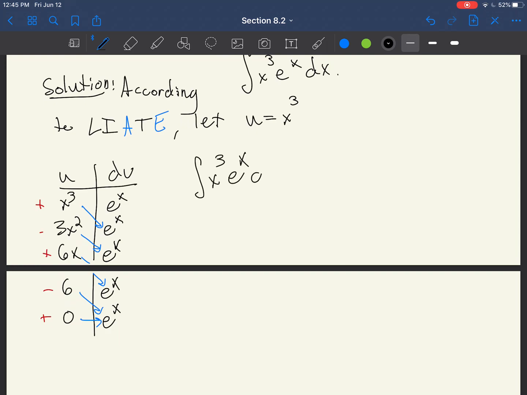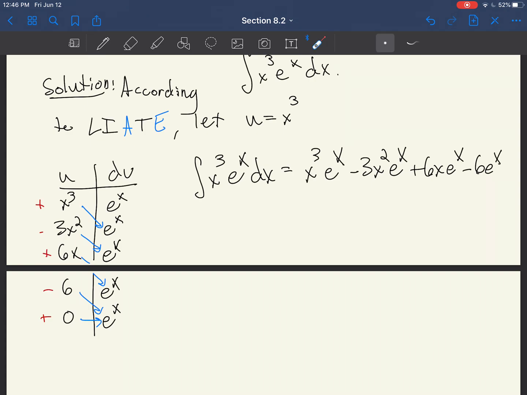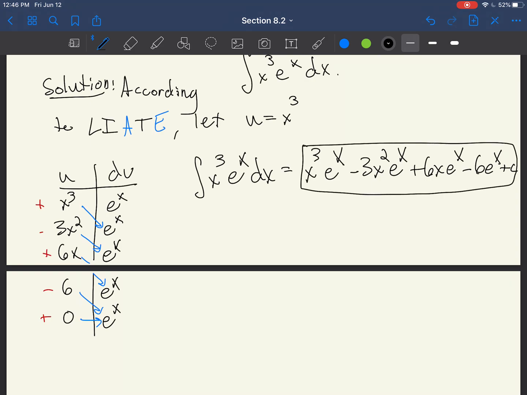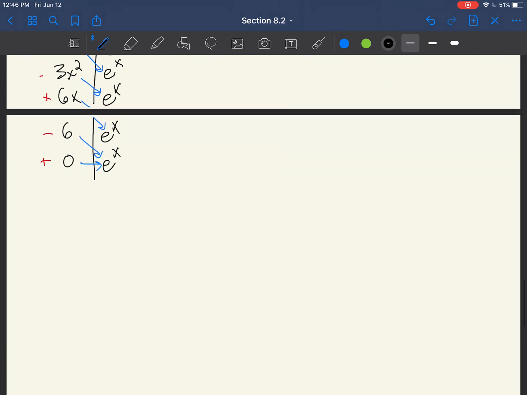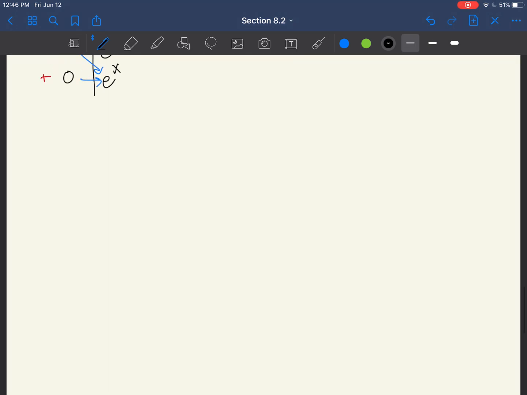So reading this off, you have the integral of x cubed e to the x dx is x cubed e to the x minus 3x squared e to the x plus 6x e to the x minus 6 e to the x plus 0 and then plus C. See, much faster than trying to write out the integration by parts 3 times.